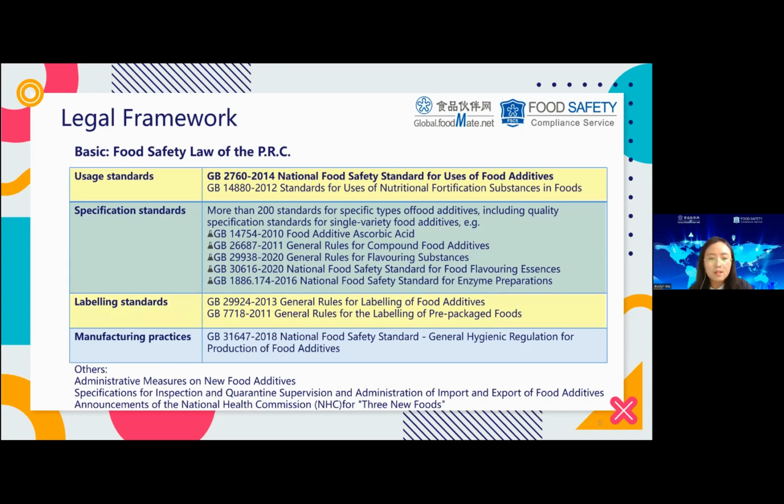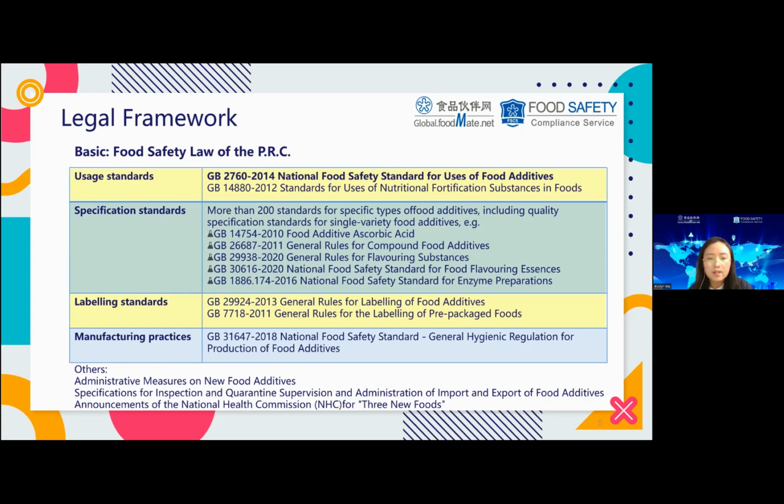And the last type of the standard is food additive manufacturing practices. This includes the GB 31647, which stipulates the basic requirements and management guidelines for the procuring, processing, packaging, labeling, storing and transportation of the raw materials in the production process of the food additives, as well as the requirements for production sites, facilities, and the personnel.